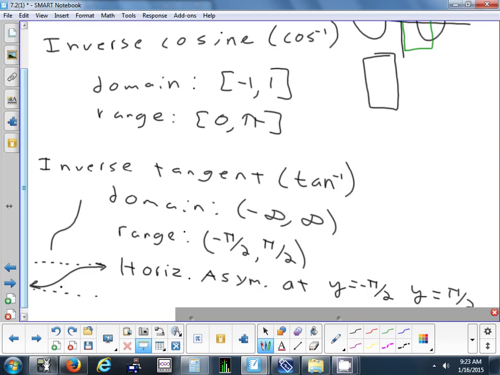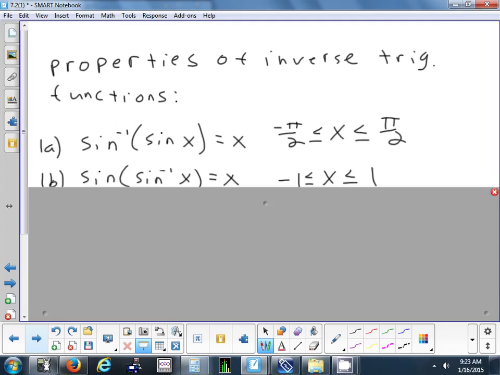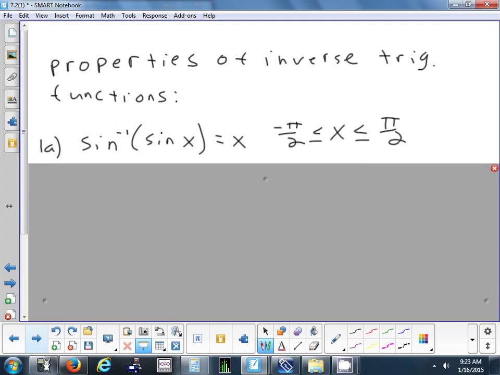Okay, so any questions on the domain or ranges of those functions? All right, so we've already been using this idea. When I had you solve inverse trig functions, inverse sine and regular sine cancel each other out, and the answer that you get is basically whatever you plugged in right there.